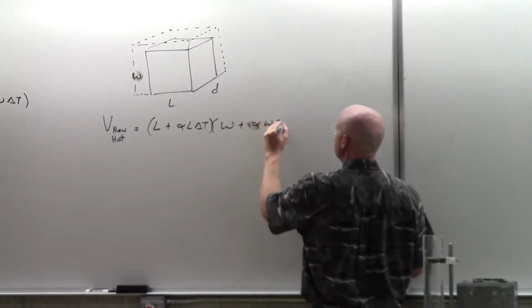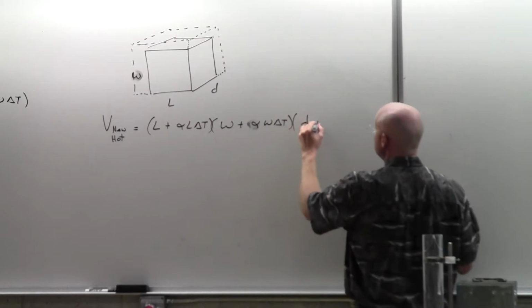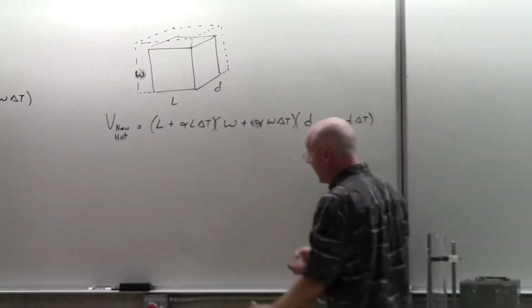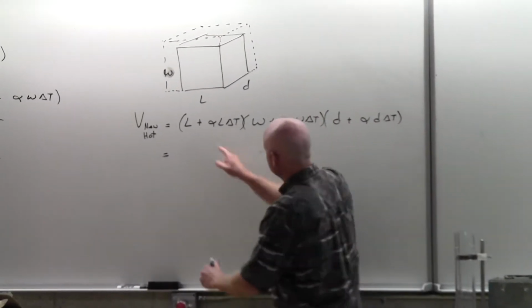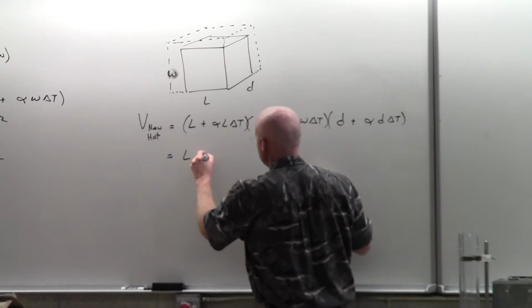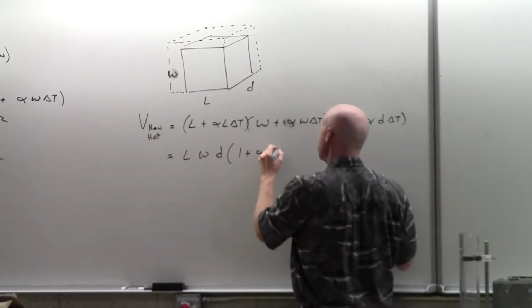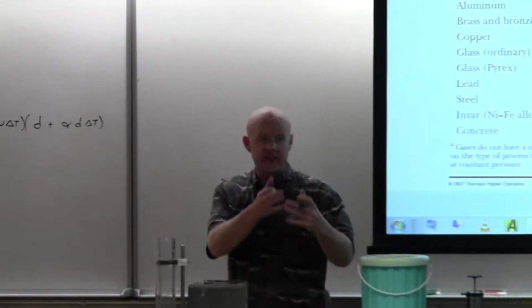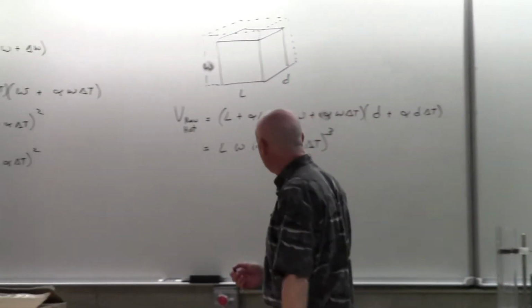And its depth is D plus alpha D delta T. But again, looking at the same mathematics, I hope you will see that there's an L in here, there's a W in here, and there's a D in there. And so, once you factor each of those out, you get the same factor, 1 plus alpha delta T.